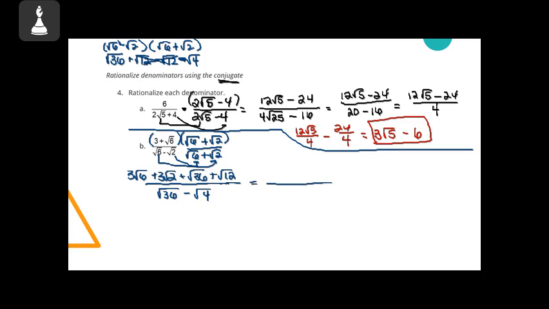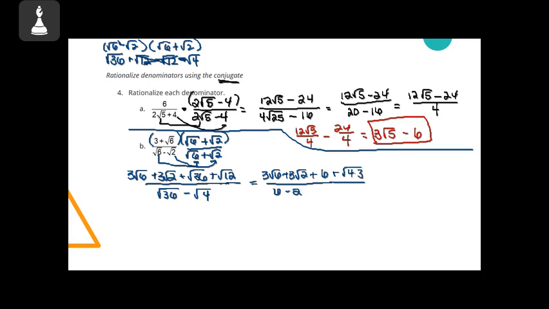And then let's keep working on the top here. So 3 root 6 plus 3 root 2. The square root of 36 is 6. And let's see, 12, we can break that into the square root of 4 and the square root of 3. So we're going to do some work here. Simplifying what we can on the top is just that last piece.